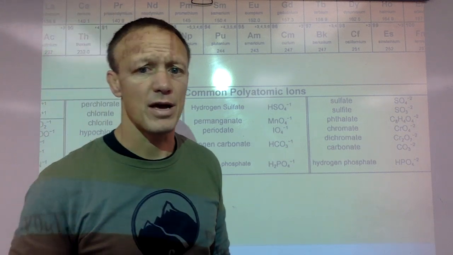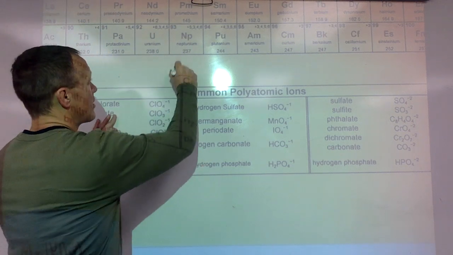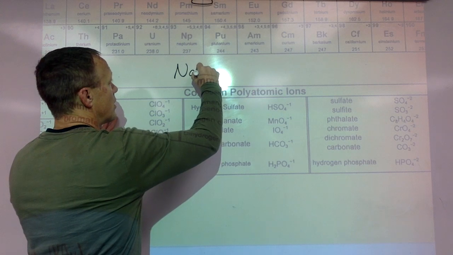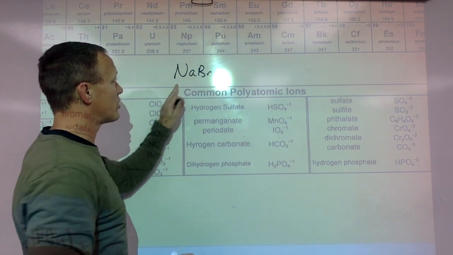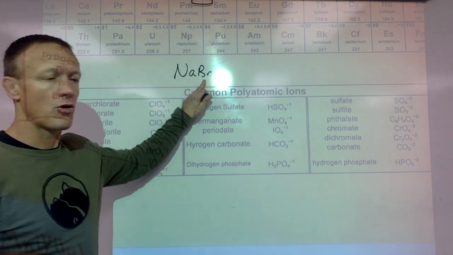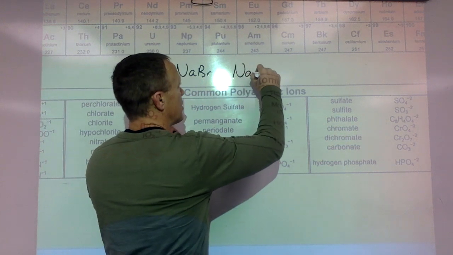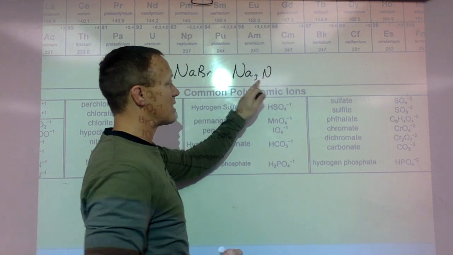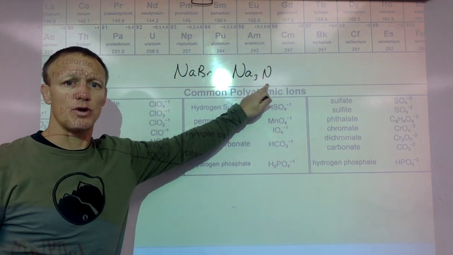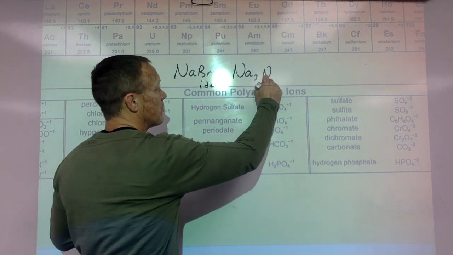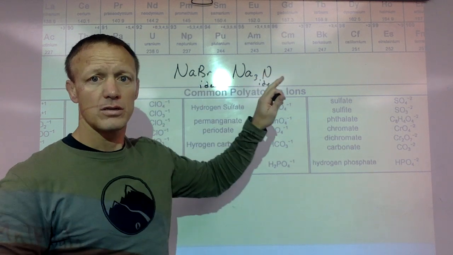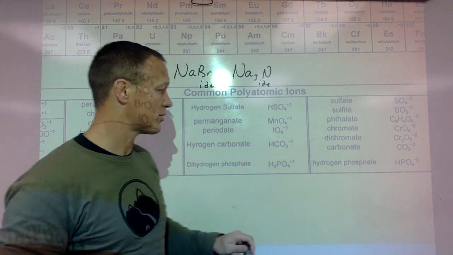If you look at the names of them, remember when we had a compound like this, we always changed the ending to "ide," sodium bromide, or sodium nitride. Usually when something ends in "ide," it's a single anion off the periodic table, one of the nonmetals.